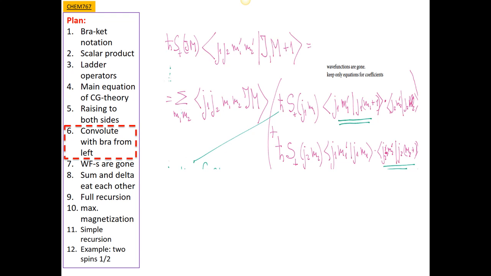Well, I still need to complete the second line and fill the board, but you may get an impression where the recursion relation will come up. Originally, we applied the raising operator, and here we increased the magnetic quantum number by 1.